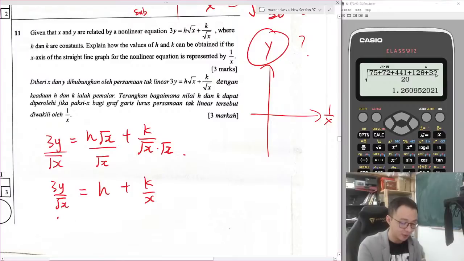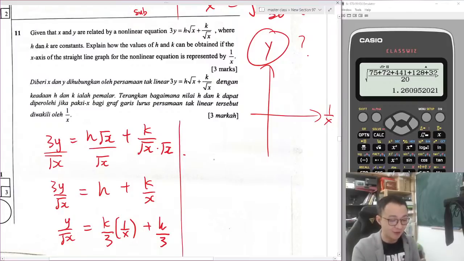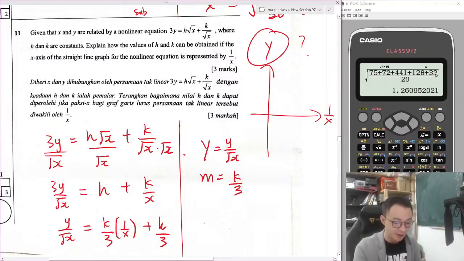Then 3y over square root x equals k, multiply 1 over x, plus h. Normally I do not prefer to have the 3 with y, so I divide everything by 3. Therefore my Y is y over square root x, my m is k over 3, and my c is h over 3.